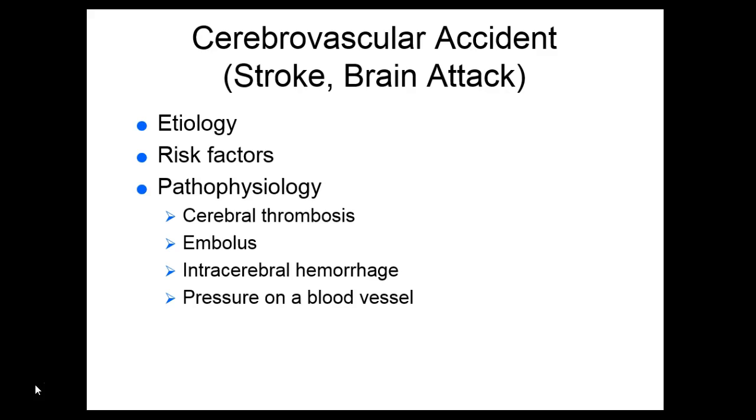Ischemia can be caused by a cerebral thrombosis or formation of blood clot, an embolism, which is a traveling clot or fat or bacteria that lodges in a vessel, an intracerebral hemorrhage. It's caused by blood vessel ruptures and leakage of blood into the brain tissue, or pressure on a blood vessel, such as occurs if the patient had a tumor.